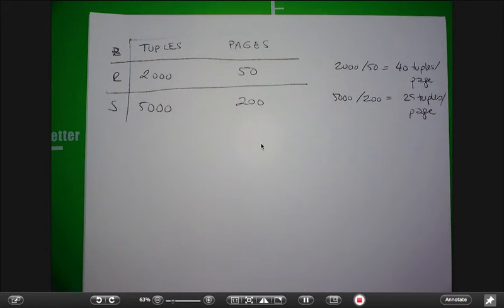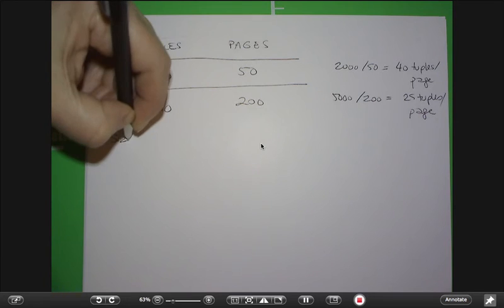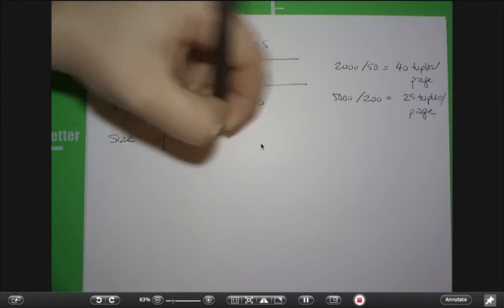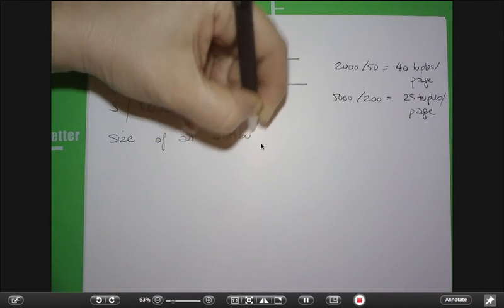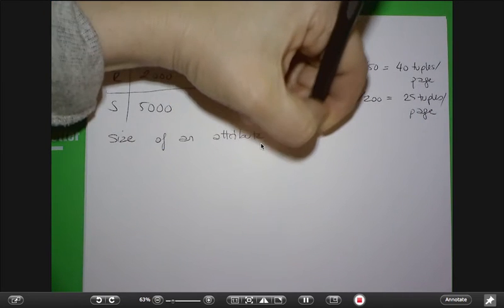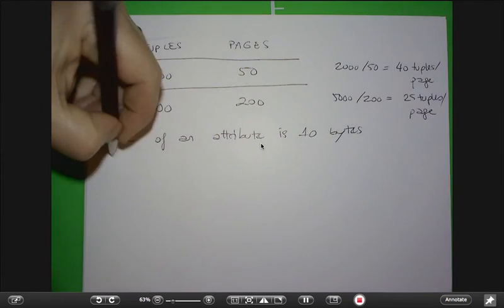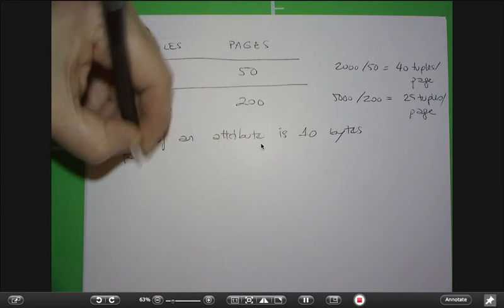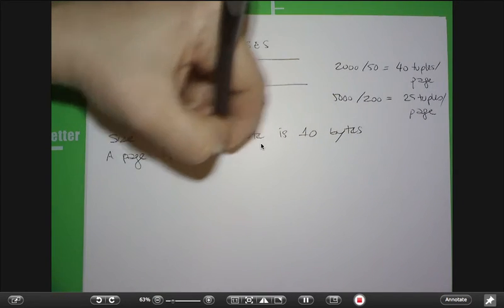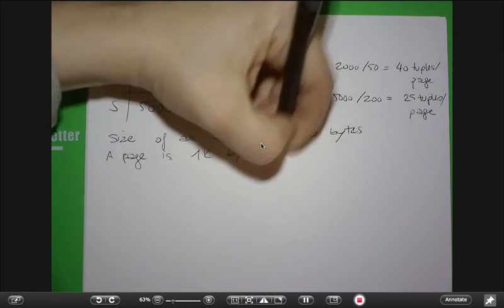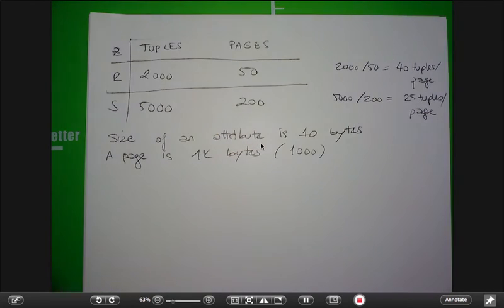Sometimes I will tell you, okay, let's say that the size of a single attribute is 10 bytes. Right? I mean, this is a simplification because it will depend what kind it is. And let's say a page is 1K byte. And I'm going to say that is 1,000. Again, like an uneducated person.